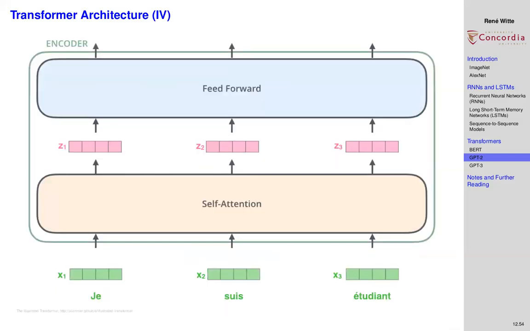Now, inside of each encoder, again, you have two different layers. The input is word embeddings, just like before. They go to a special layer called self-attention, which basically helps the network to focus on the correct word in a context of words. They then go into a feed-forward network and then go into the next layer.